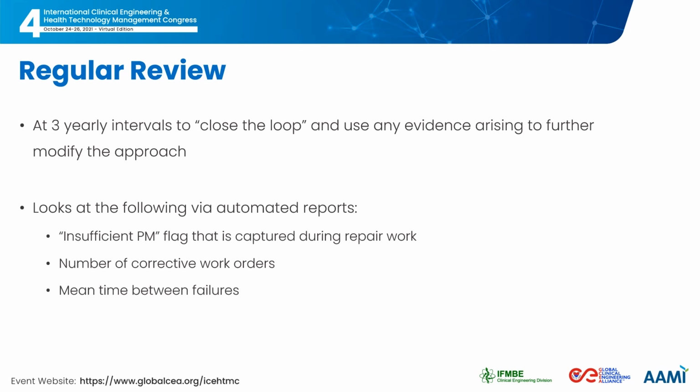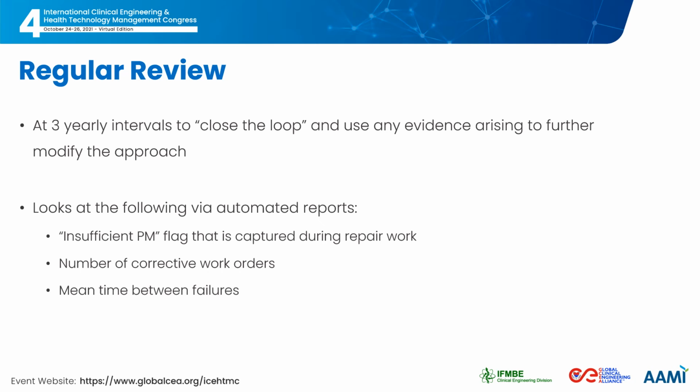We run a series of automated reports as a means of undertaking those reviews, and they take into account a number of factors. These include a flag, which is triggered by a technician during a service episode, which might tell us that insufficient PM has been undertaken, which has precipitated a failure.